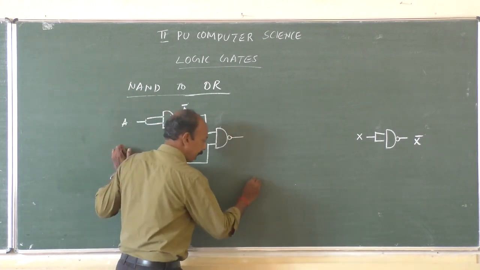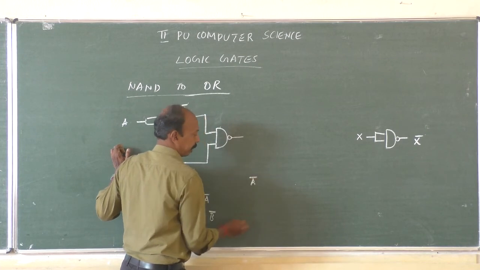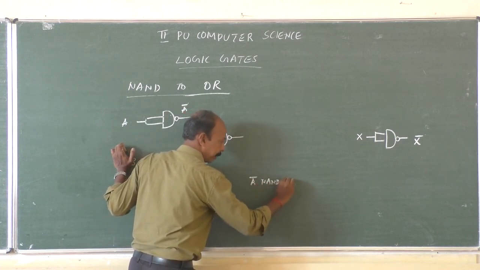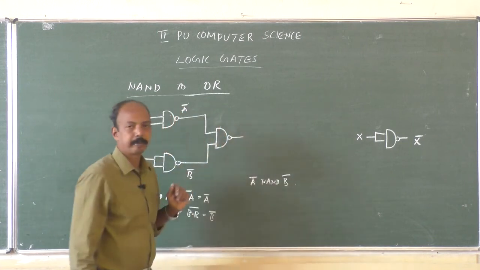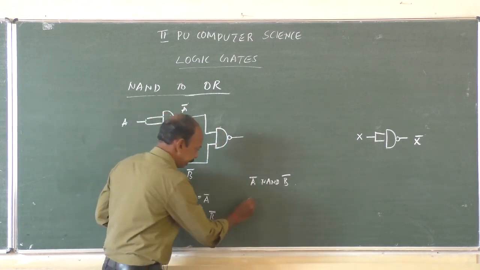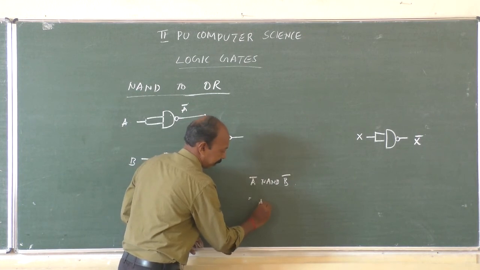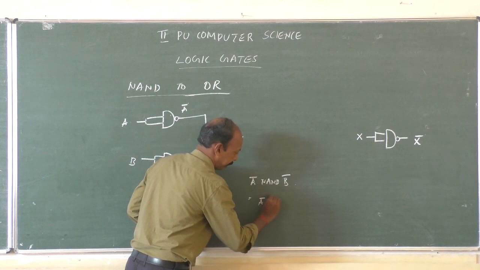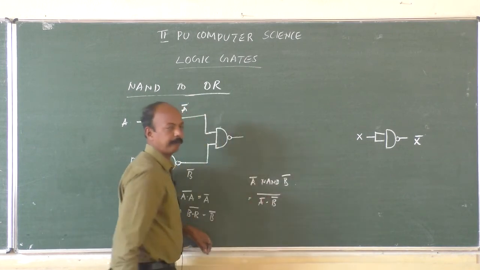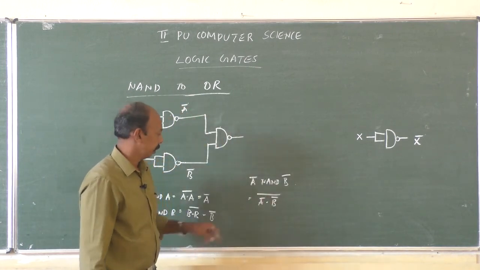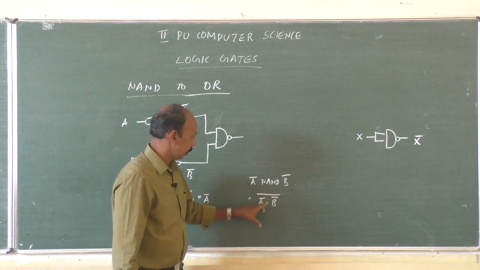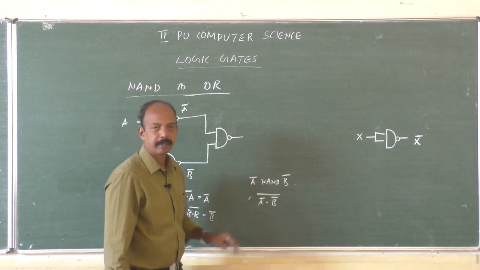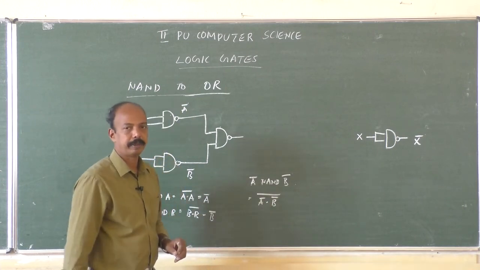The inputs are now A bar NAND B bar, that is (A bar dot B bar) whole complement. This is NAND and its complement.